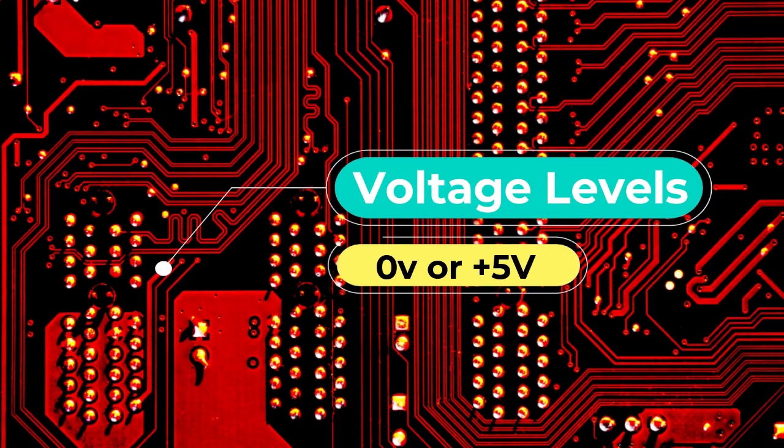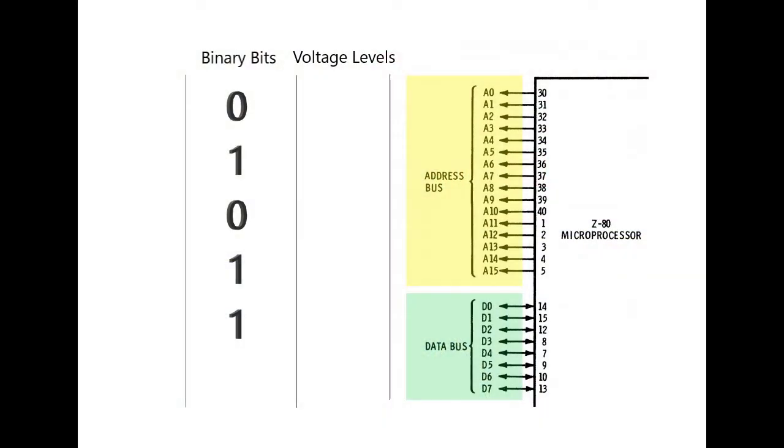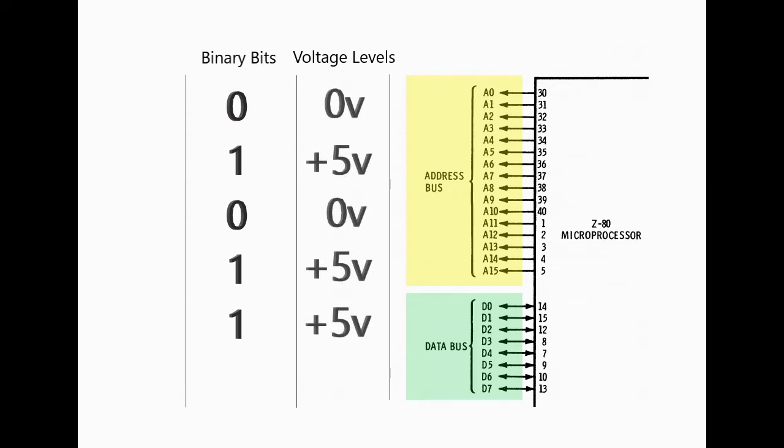Now, the interesting thing about the address bus and the data bus is that these physical pins, which connect to the CPU and the memory chips, are the lines that are carrying these voltages we discussed in our last video, where the voltages can be either 0 volts or plus 5 volts, which relates directly to bits and bytes, which have two values of being either 0 or 1. So when we're doing our programming and we're using bits and bytes that have two values, either 0 or 1, those bits and byte values refer directly to the signals that are on these address bus pins and the data bus pins.